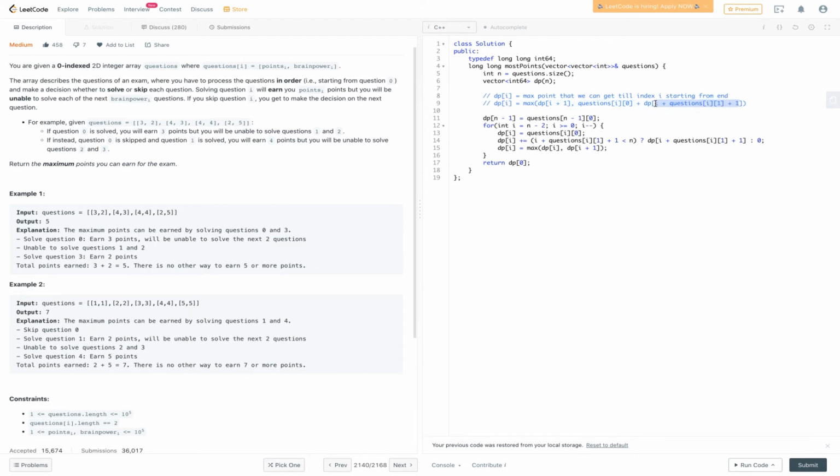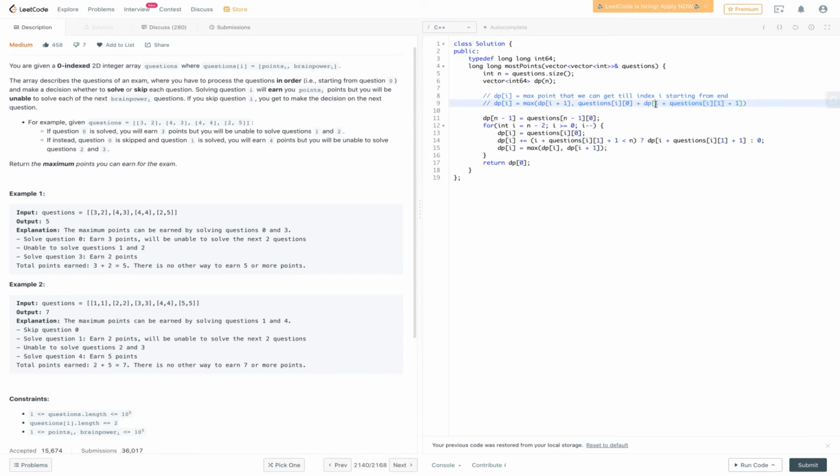This is the position of the array which we would still be able to solve if we attempt the question at the ith index. So if we attempt the question I, we would gain the points out of solving this question, plus the maximum point that we could have gained till this index.